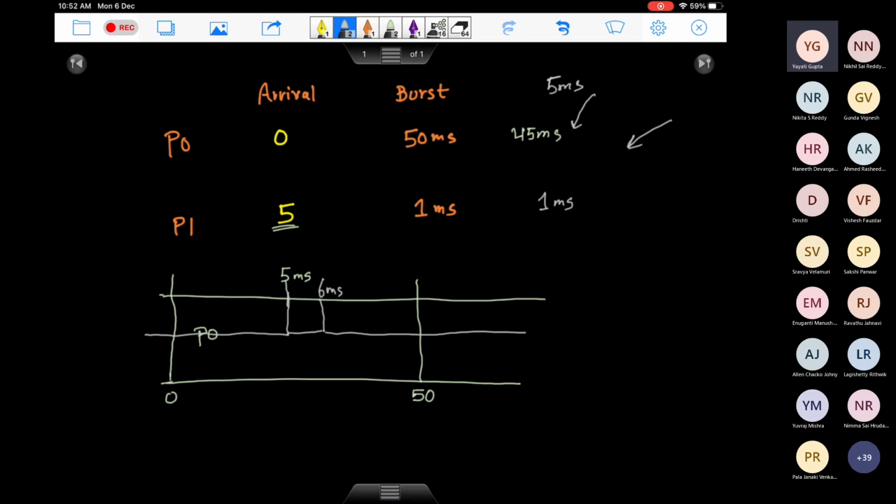In priority scheduling, you can have some other metric for priority apart from burst time. Generally you are given which process is high in priority and which is low in priority. We do not formally have a non-preemptive version of priority scheduling, so we assume that priority scheduling is always preemptive.